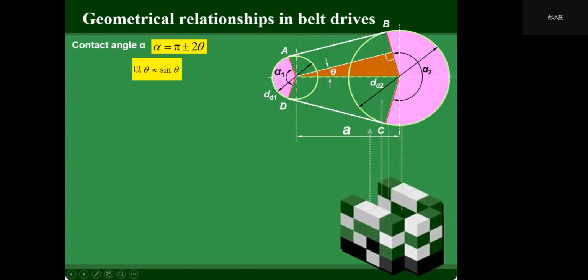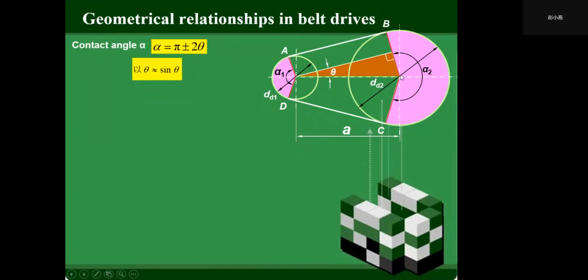And this angle is equal to the angle theta. So this is theta. And if theta is small, we have this. Theta is approximately equal to sine theta. And sine theta is determined by this length divided by this length.